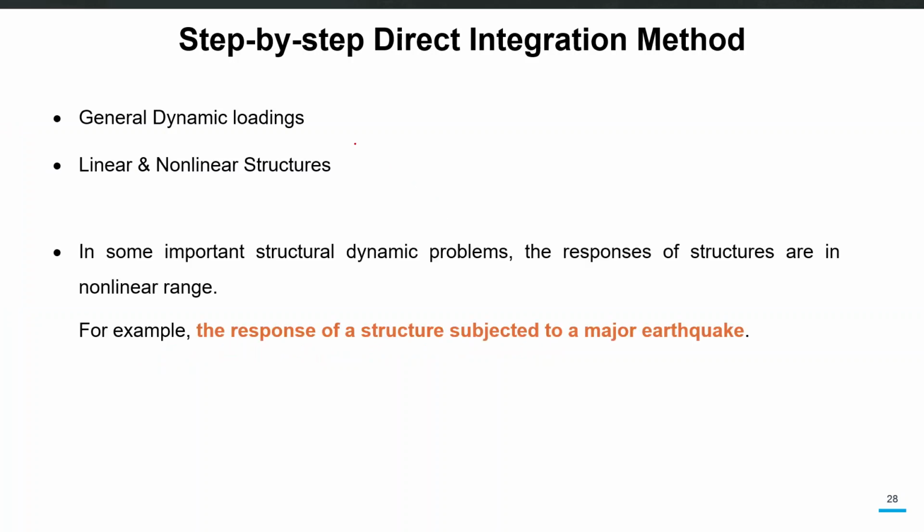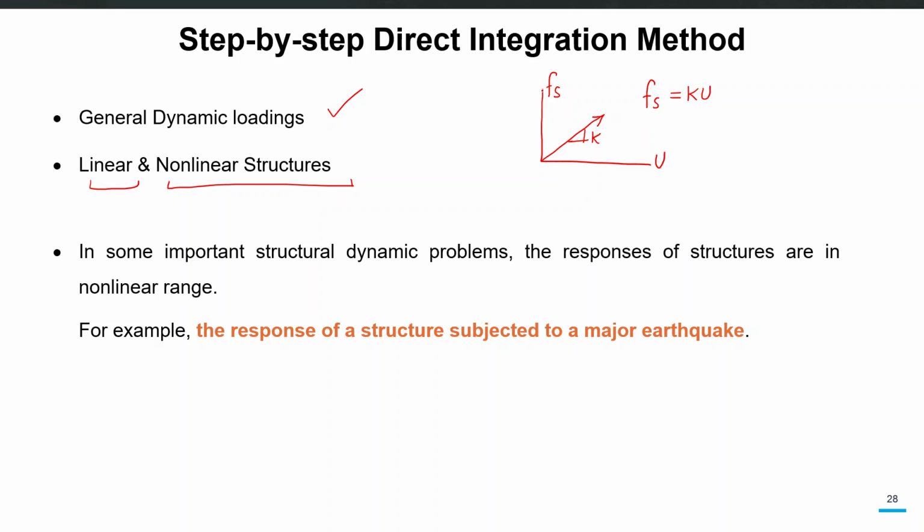Step-by-step direct integration method can handle any general dynamic loading as we have already discussed. But more importantly, this method can handle both linear and non-linear structures. By non-linear, I mean that if the relationship between elastic restoring force and the displacement is not linear forever, with a slope equal to k, if this Fs is equal to Ku doesn't hold for a structure in a certain range, then it becomes non-linear.